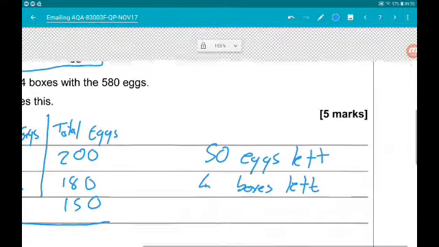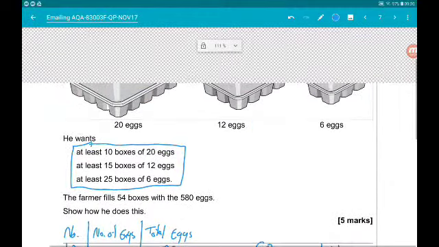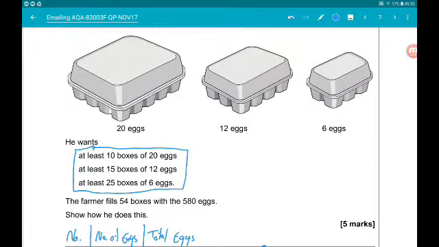Okay, so we need to find a way to fill 4 boxes with 50 eggs.